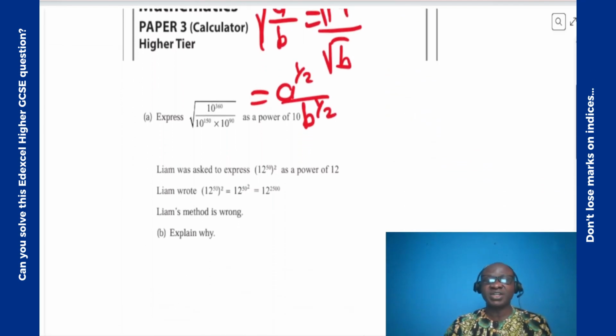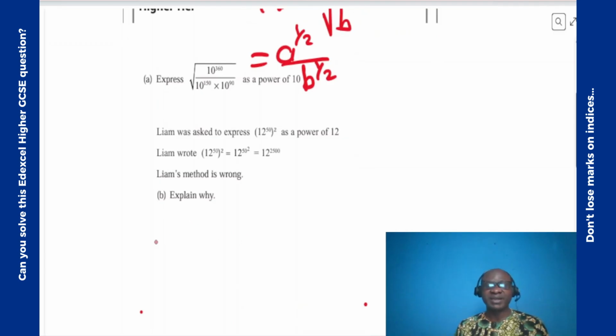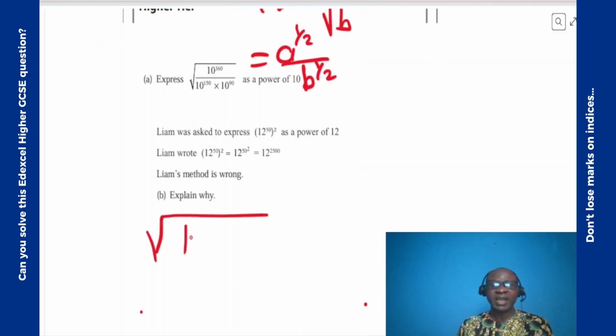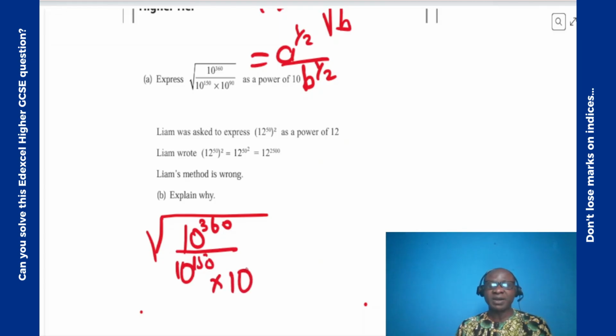That means in this question A, we are given the square root of 10 to the power of 360 divided by 10 to the power of 150 multiplied by 10 to the power of 90.